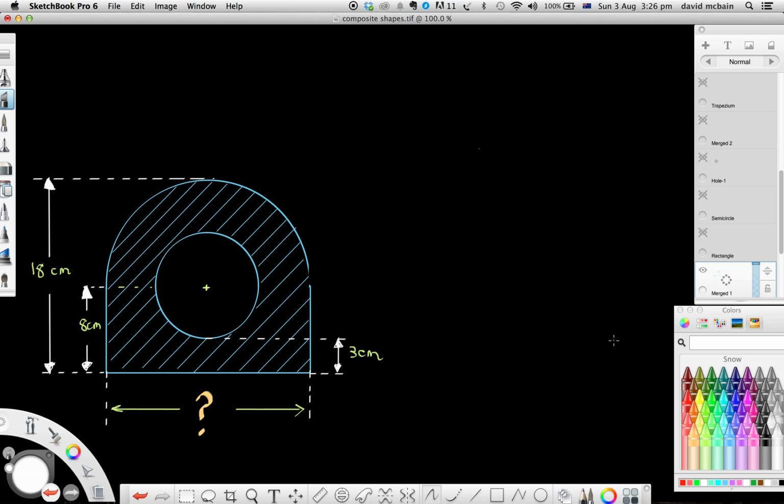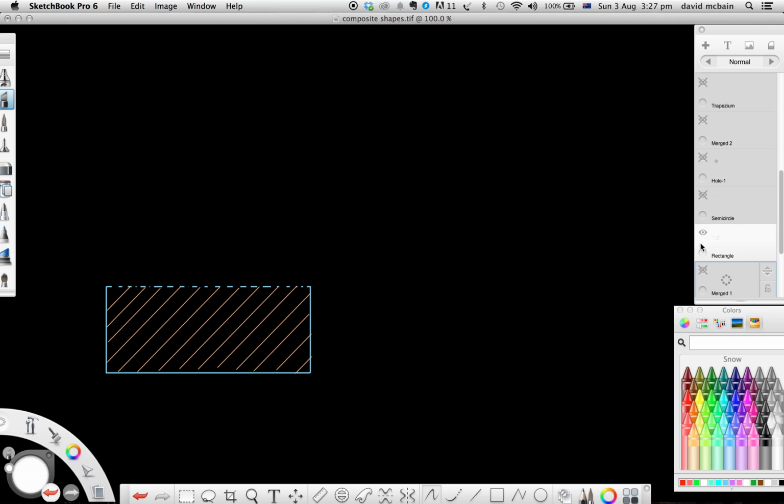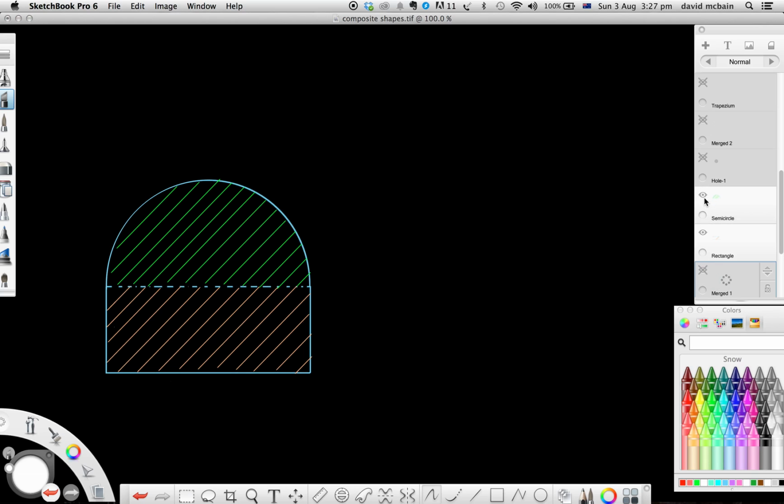Well, I hope you had a go. So let's now see what the shapes are. This base section here, it looks like it could be part of a rectangle, and that's clearly a rectangle in there. Also, we can hopefully see that there is a semicircle involved as well.